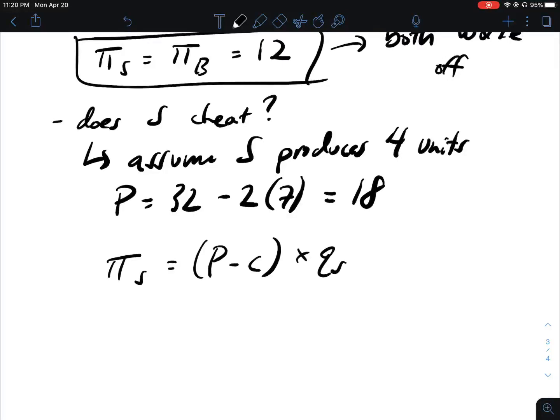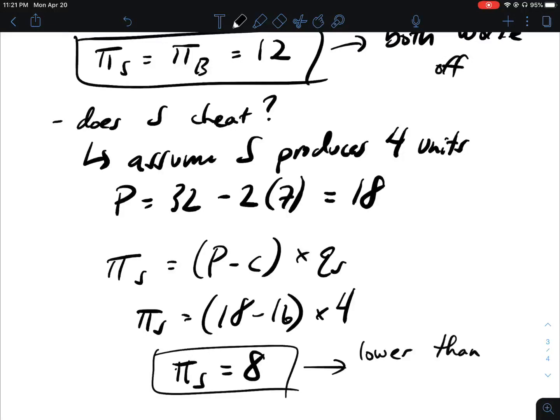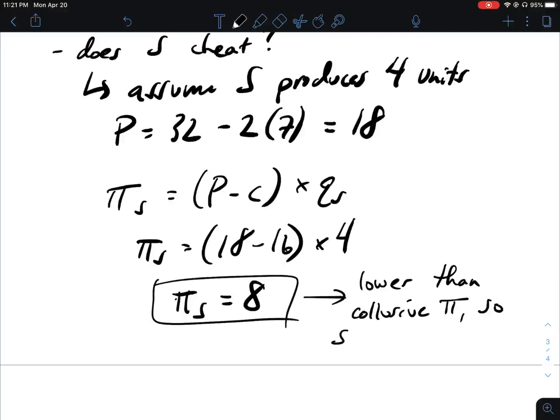The profit for Squeaky Clean, the equation remains the same, but now we're plugging in 18 minus 16 times the quantity, which in this case is 4. And so Squeaky Clean's profit is 8. So that profit is actually lower than the colluding profit earlier in this part of the problem. So Squeaky Clean does not have an incentive to cheat.